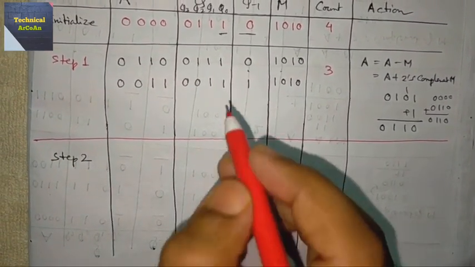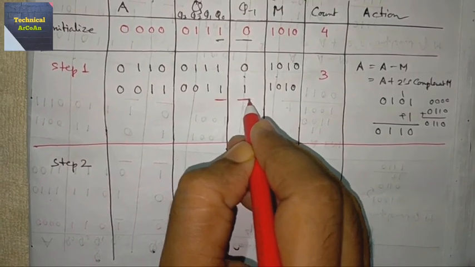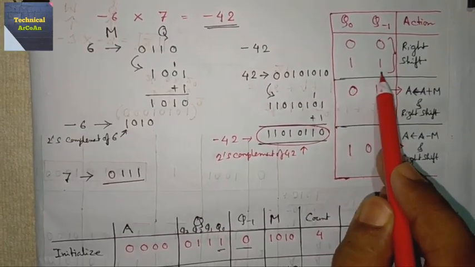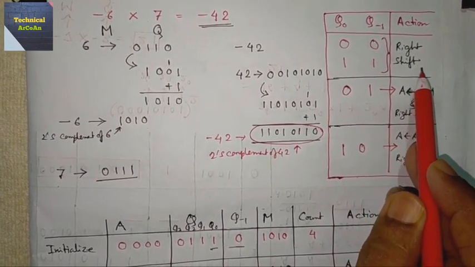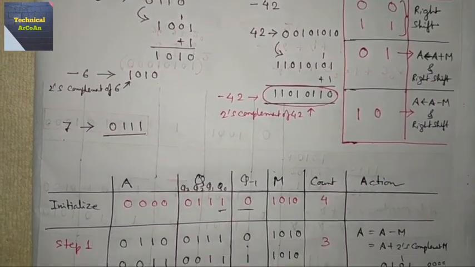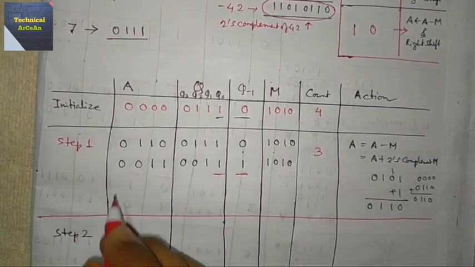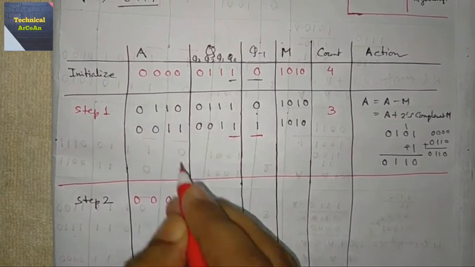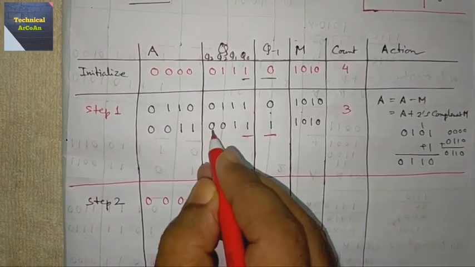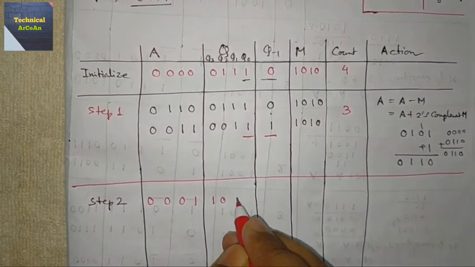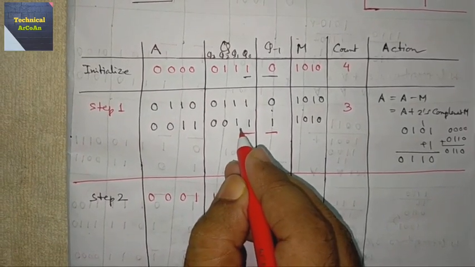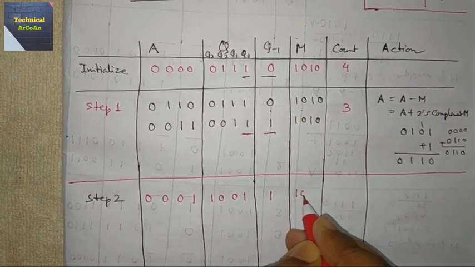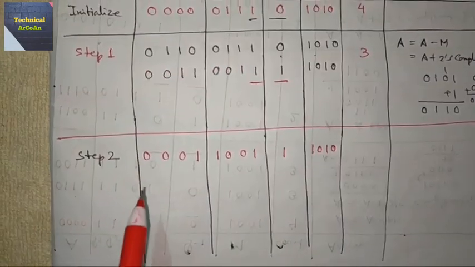So again we check what q0 and q minus 1 are; it is 1 1. So what is given in the table? When it is 1 1, we just do a right shift. So what happens when we do the right shift? Each bit moves one position to the right, and M will be the same.